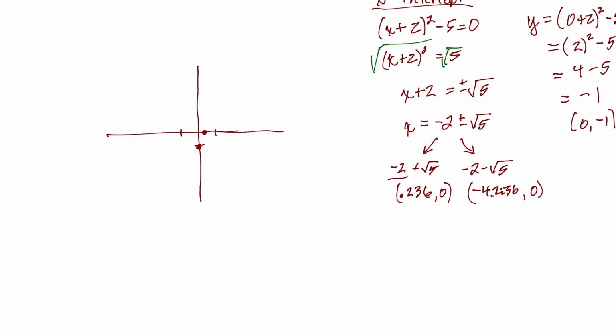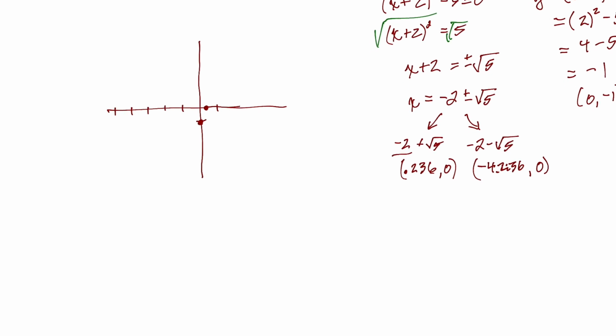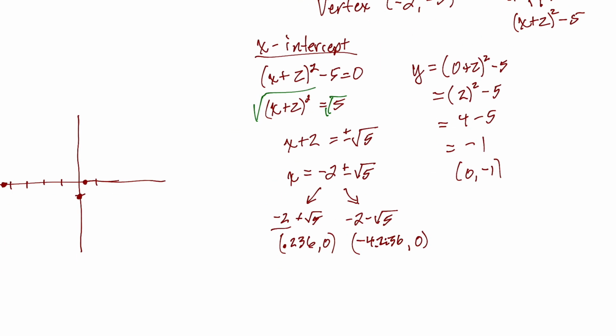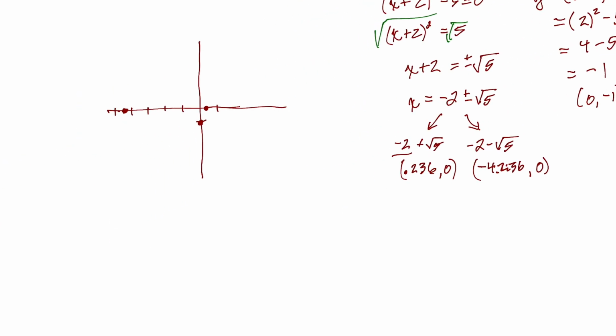So 1, 2, 3, 4, 5. And that would put me where? Right about here. And what was our vertex? Let's see, negative 2, negative 5. So negative 2, I count over 2. And then I got to go down 1, 2, 3, 4, 5. So round about here.